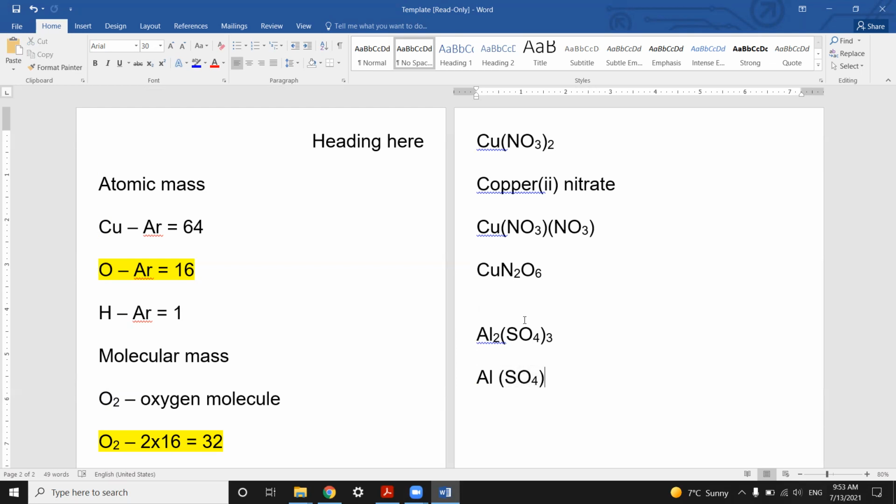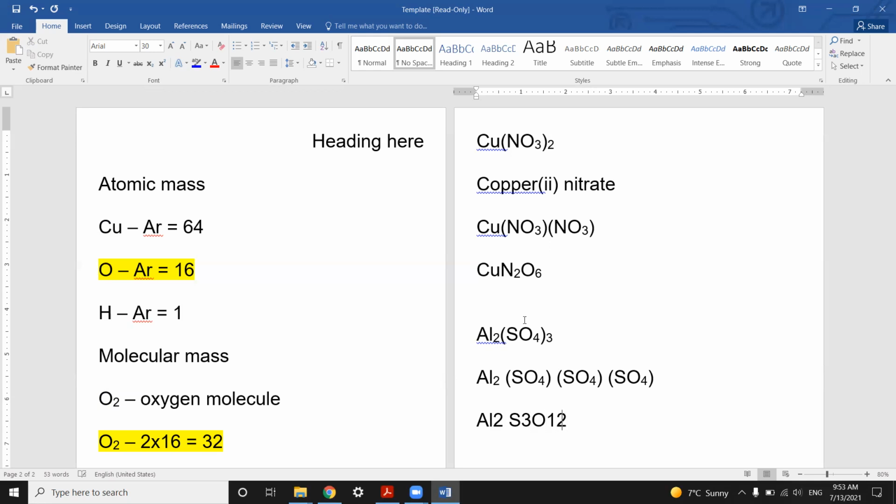So we can just say this is the same thing 3 times. And the 2, sorry, for the aluminium, that doesn't disappear. That's still there. Cool. So then you can count the number of atoms again, and you can say that it's 2 aluminiums. You can put the sulfurs together. You can say there's 3 sulfurs, and then there's 4 times 3 oxygens, which is 12 oxygens.